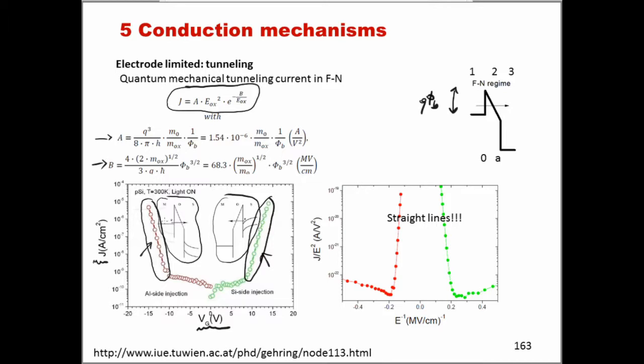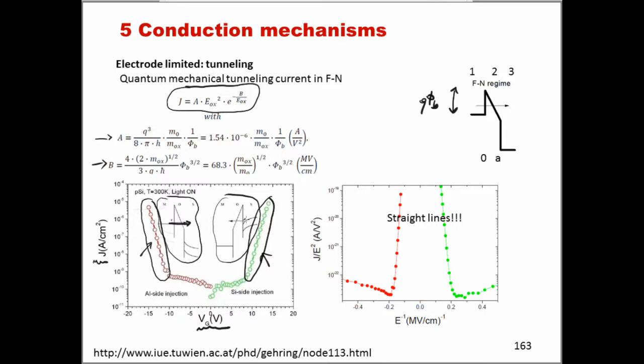In one case, the electrons see the barrier arising from the contact between the metal and the oxide, while in the other case, the barrier that the electrons see arises from the contact between the semiconductor and the oxide.